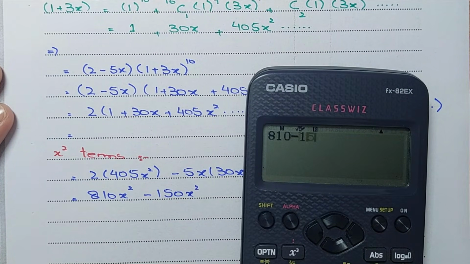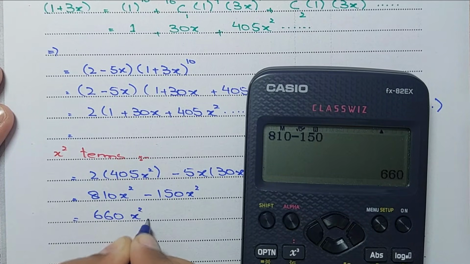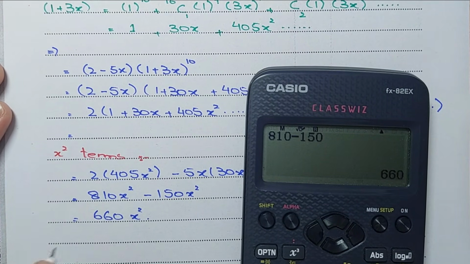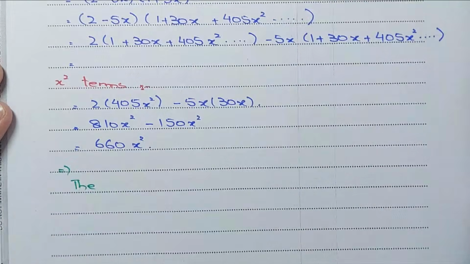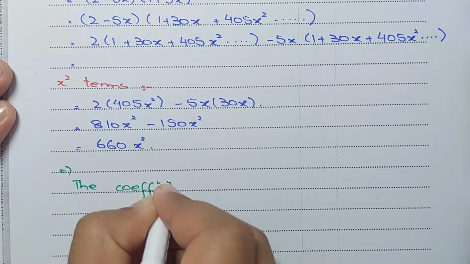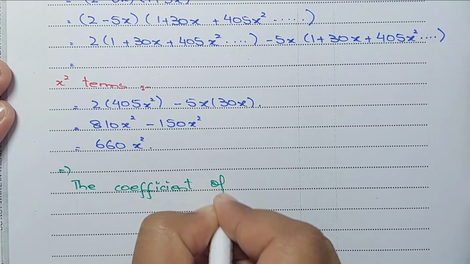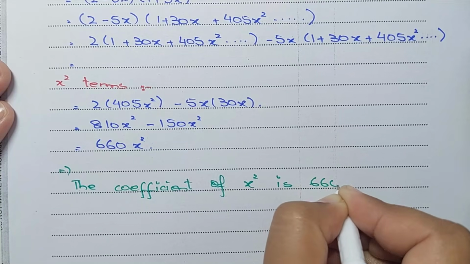So 810 minus 150 is 660x squared. So this implies the coefficient of x squared is 660.